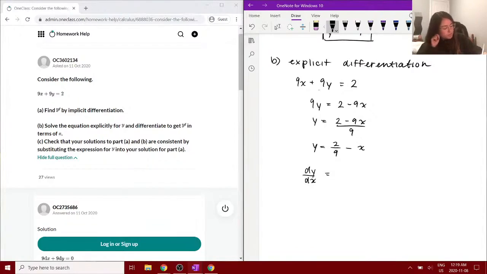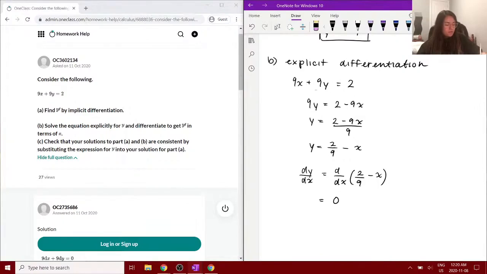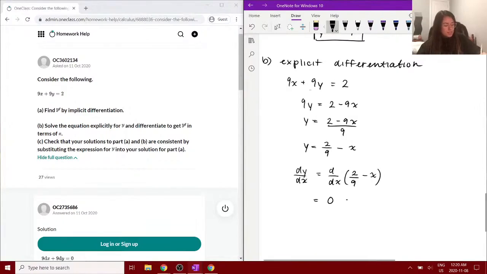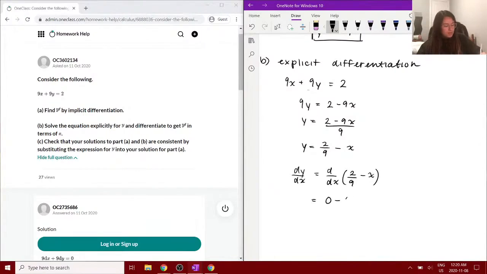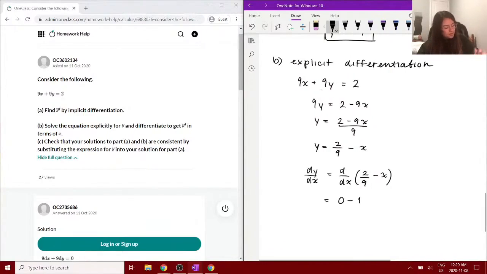Here, let me write it out so it's clear. We have the derivative of 2 divided by 9 minus x, and we can perform it on each term separately. The derivative of 2 divided by 9 is 0, and the derivative of minus x is minus 1.